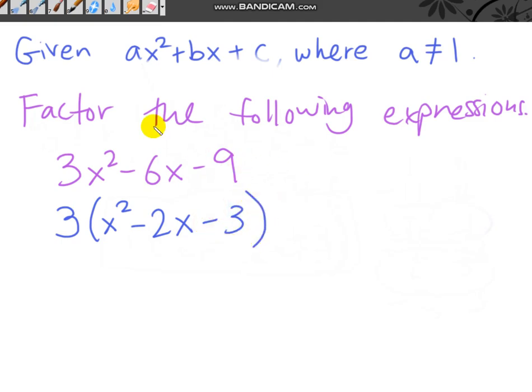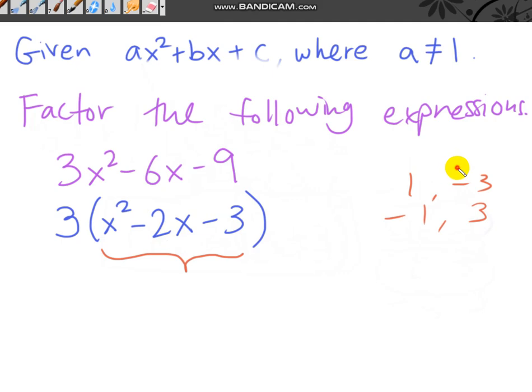Once we have pulled out a 3, we now consider just this expression. We're doing the exact same thing as we did earlier: finding two numbers that multiply to negative 3 and add up to negative 2.